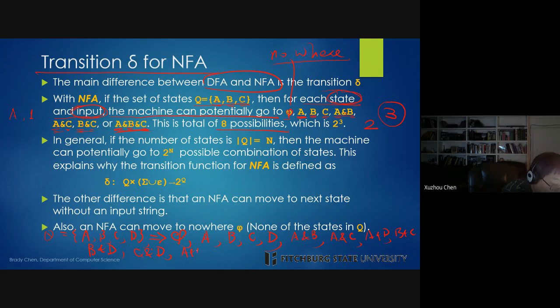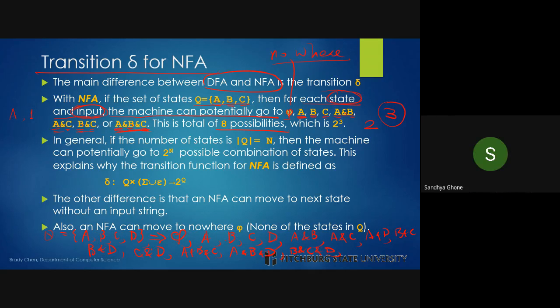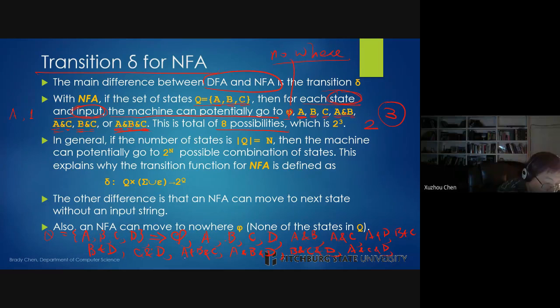So A, B, and C, A, B, and D, and then B, C, and D. A, C, and D. That's all the possible 3 states.